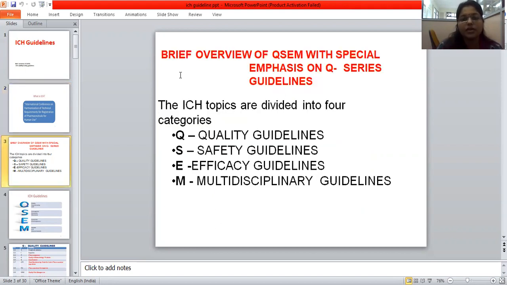Here you can see the brief overview of QSEM with special emphasis on the Q series guidelines. Quality alone has a different series of guidelines; safety, efficacy, and multidisciplinary we can see one by one. So the ICH is divided into four categories of guidelines: quality, safety, efficacy, and multidisciplinary.